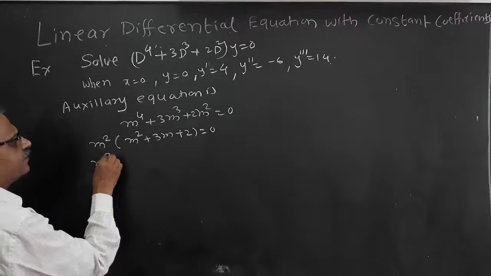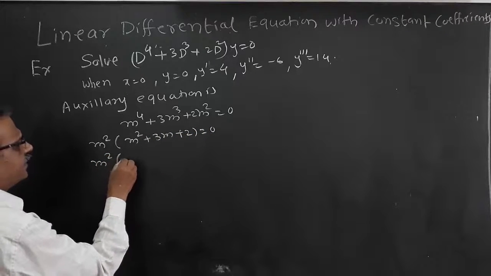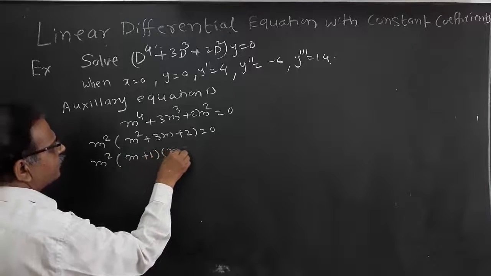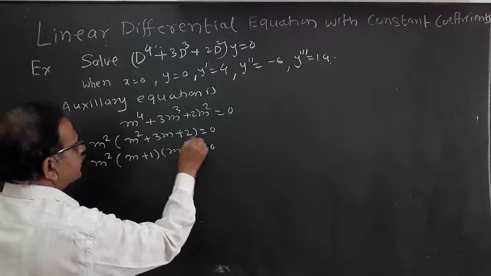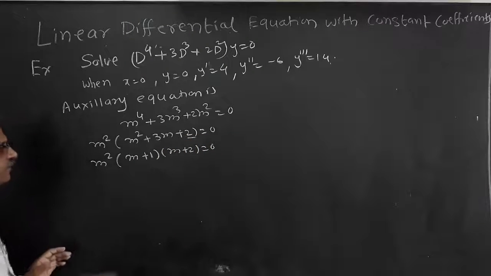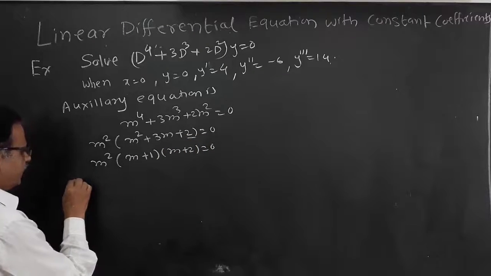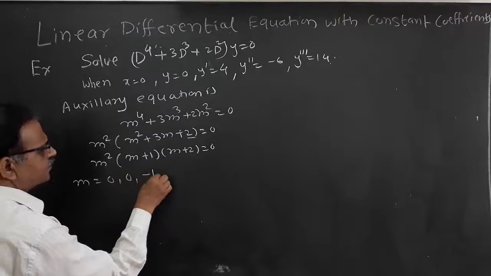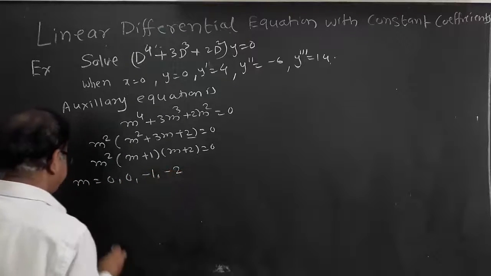That is nothing but m square into (m plus 1) into (m plus 2) equal to 0. Therefore, m equal to 0, 0, minus 1, minus 2.